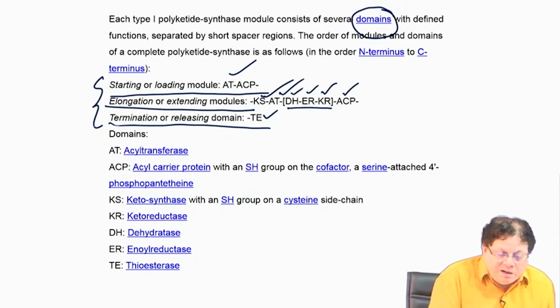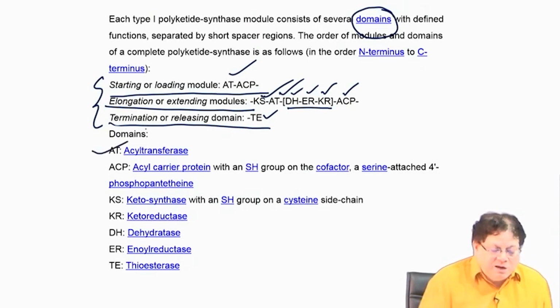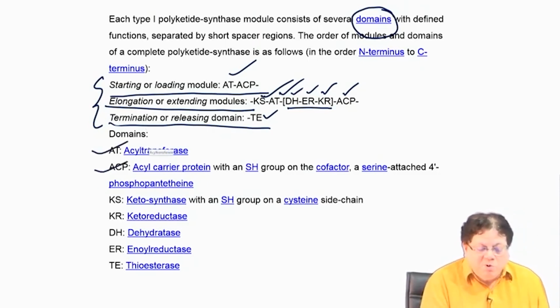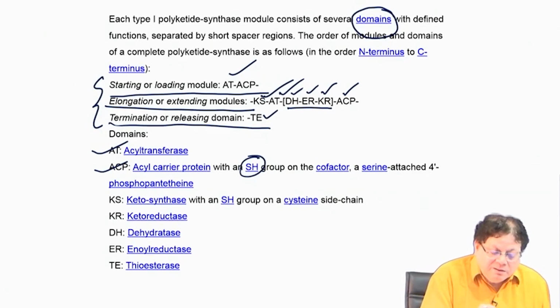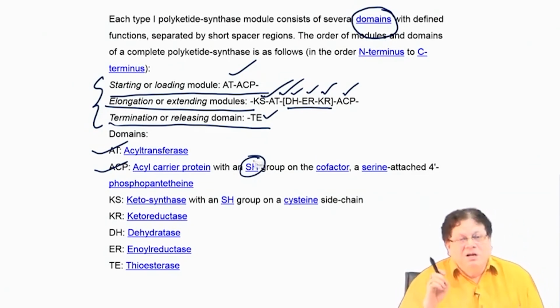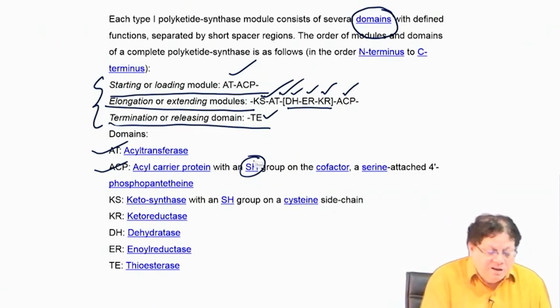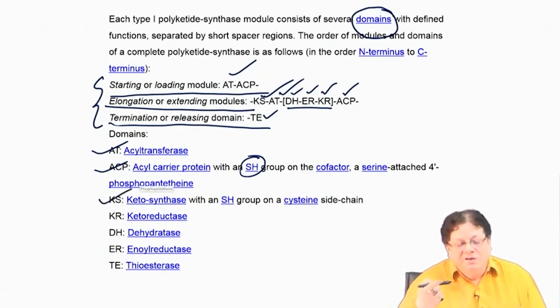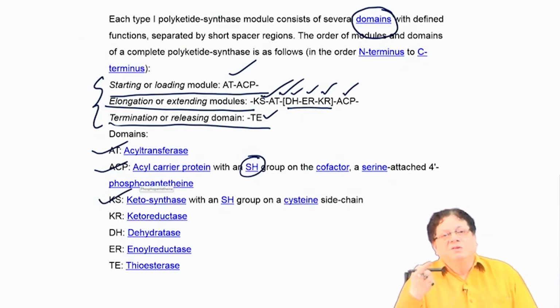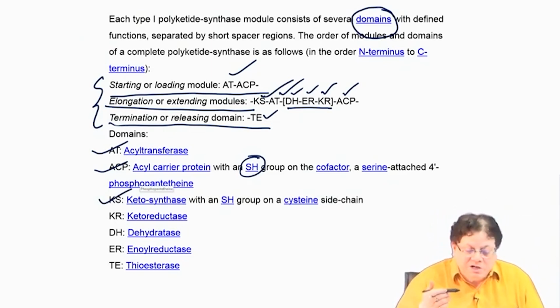Then what are the domain activities? Acyl transferase, I already told you. Acyl carrier protein has got an SH to hold the extension or the starter unit. Then ketosynthase, that is the major reaction which carries out the Claisen type condensation via a decarboxylation process.